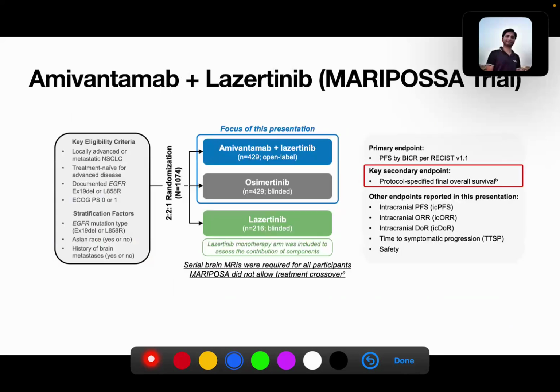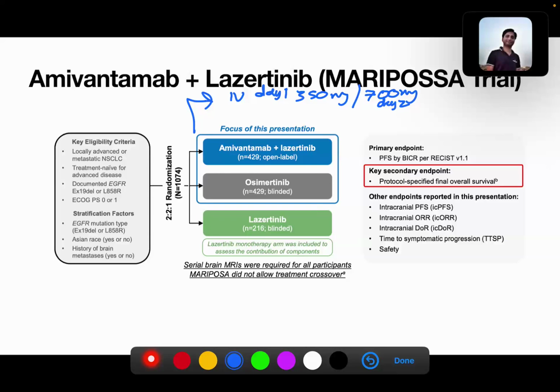In this protocol, amivantamab is given IV. Initially on day 1, it is given at a dose of 350 milligram, and then on day 2, the remaining dose of 700 milligram is given, because 65% of the patients can have hypersensitivity reactions on day 1.